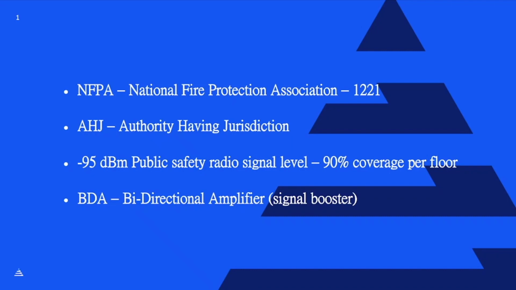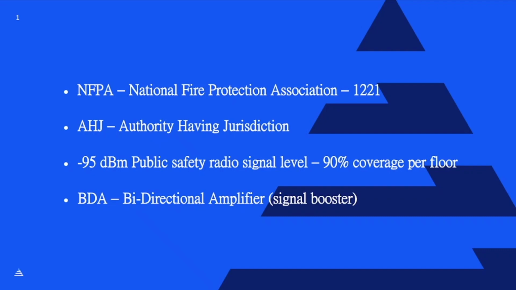The 1221 that I put after there is the particular standard that the NFPA has produced that dictates having some type of signal mitigation within your facility, and it dictates how BDAs, or bidirectional amplifiers, need to operate. Now, the NFPA, again, does not write the law.